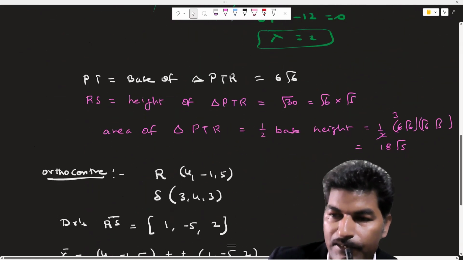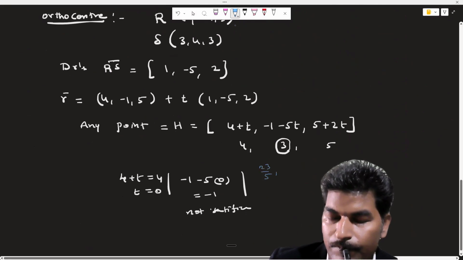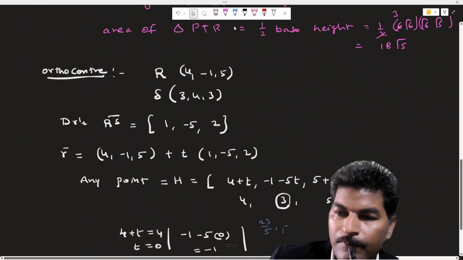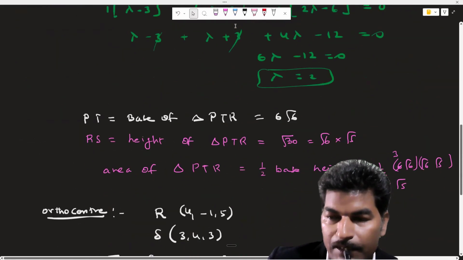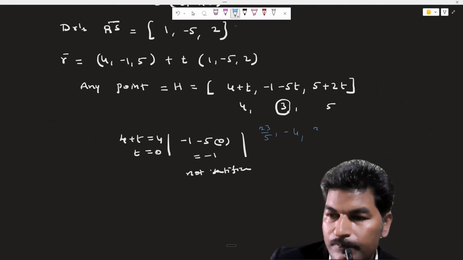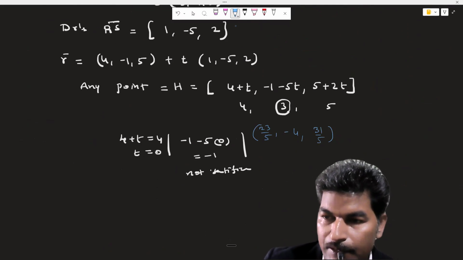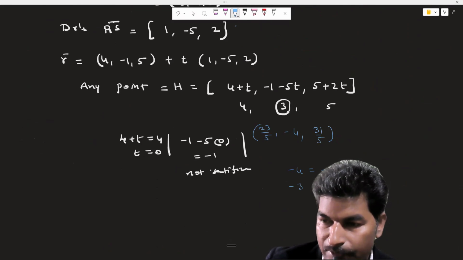The other options are 23 by 5, minus 4, and 31 by 5. So now we will verify with these. I will start with the middle value. Minus 4 is equal to minus 1 minus 5t, so minus 3 is equal to minus 5t, and t is equal to 3 upon 5.